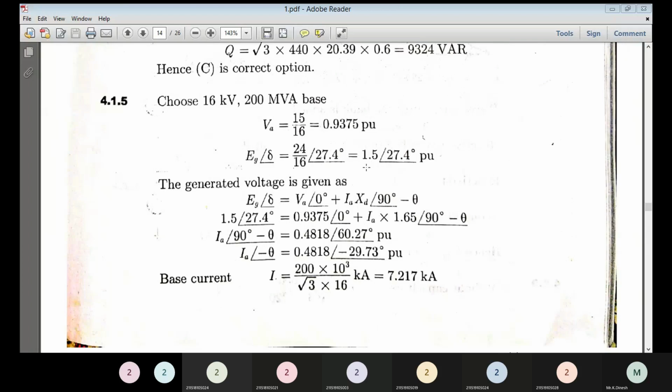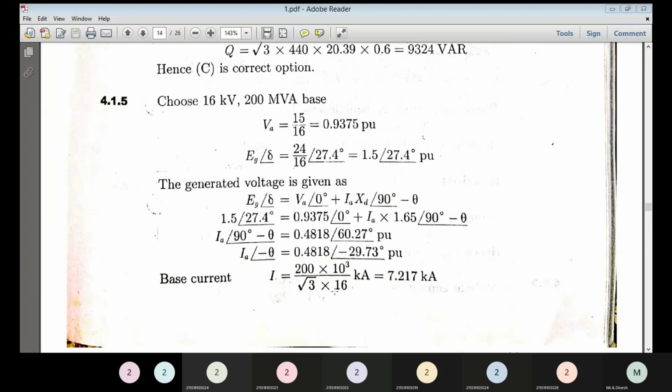So the generator voltage equation is Eg angle delta equals V angle 0 plus Ia Xt angle 90 minus theta. Substituting the trigonometric relations for this Ia, you get 0.4818 at an angle minus 29.75.